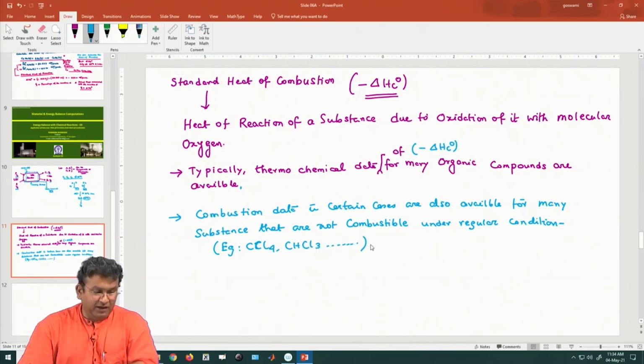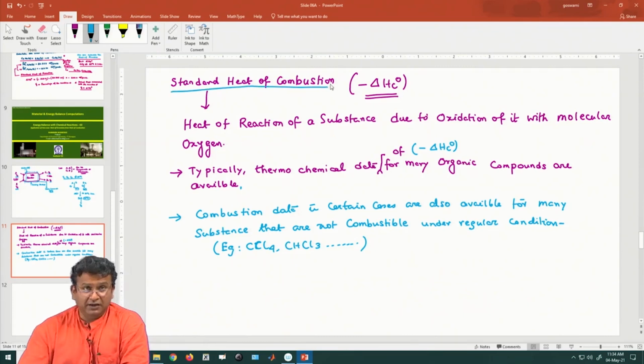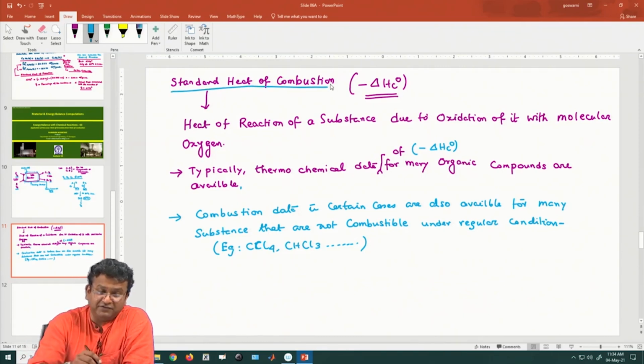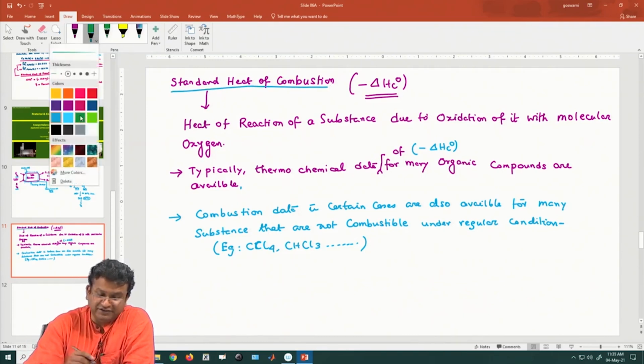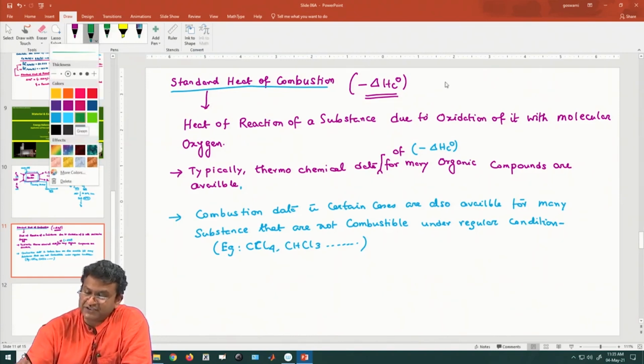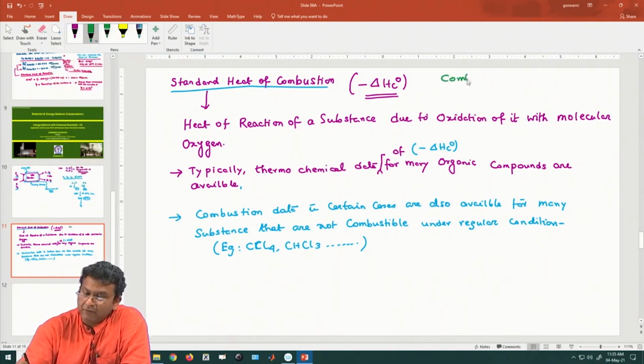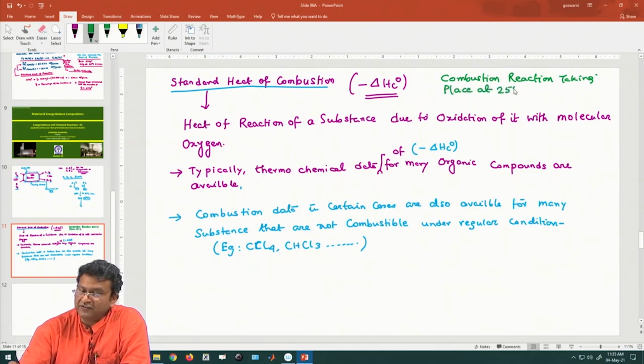These are available. Of course, when we are talking about the standard heat of combustion, it should immediately come to the mind of this class that we are talking about a combustion reaction. What is the condition? Combustion reaction taking place at 25 degrees centigrade and 1 atmospheric pressure.